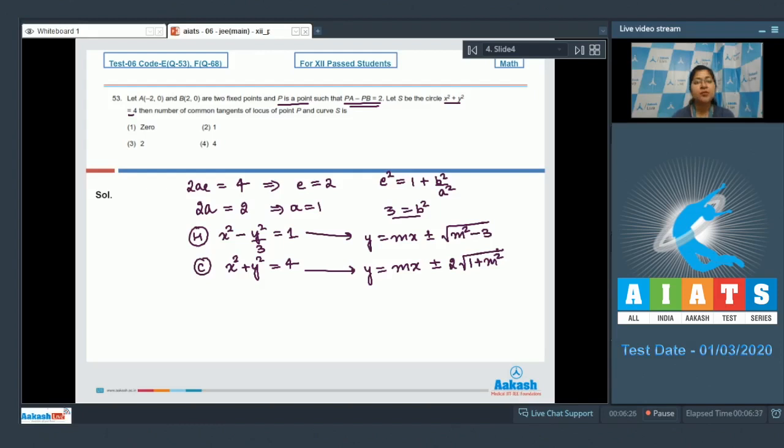Now, as both are representing the same line, we can say 4 multiplied by m square plus 1 is equal to m square minus 3, that is 3m square is equal to minus 3 minus 4, that is minus 7. But m square cannot be negative, which means that no such value of m exists. So we have the number of common tangents as 0, so the correct answer is option number 1.